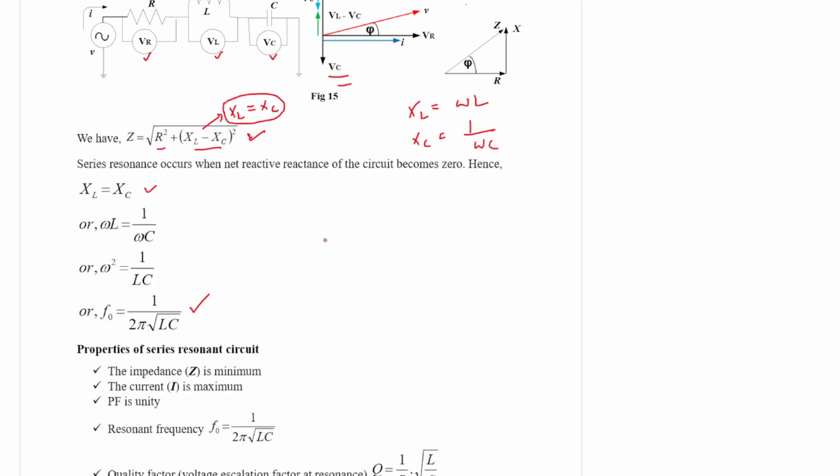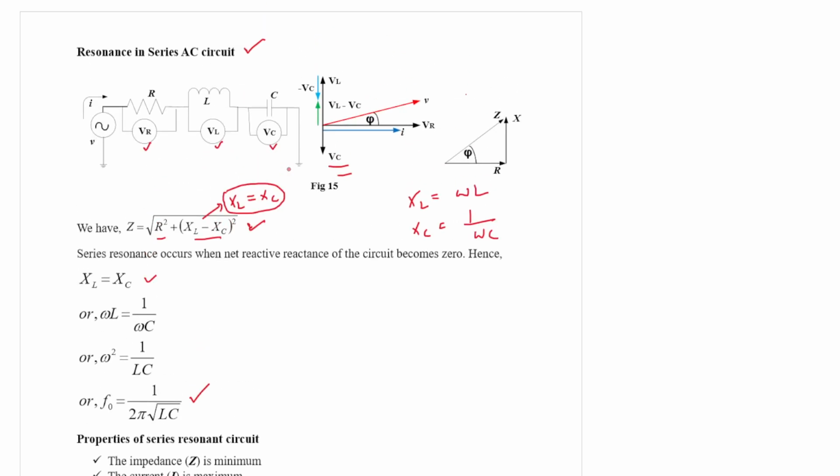So what is resonance? Resonance actually means that when the net reactive component is 0. When the net reactive component is 0, then the circuit is said to be in the resonance condition.